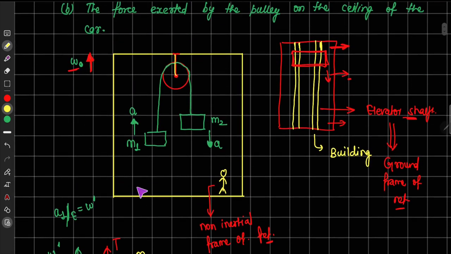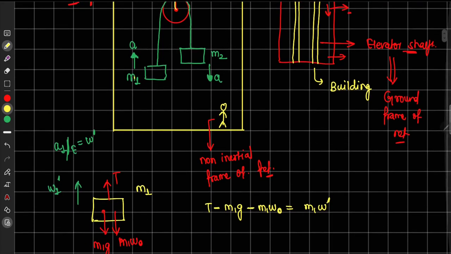As in the frame of reference of this elevator car the pulley will be in the rest condition, the acceleration of mass m1 and mass m2 will be the same, but in the opposite direction.